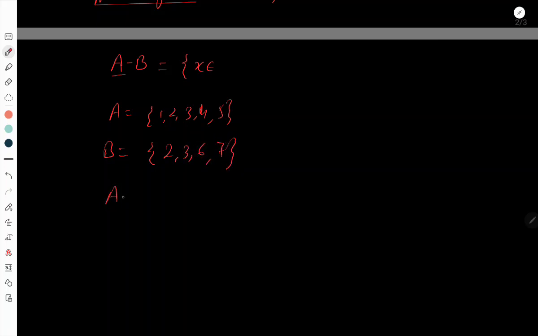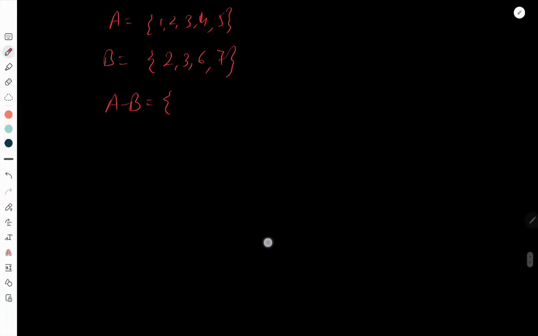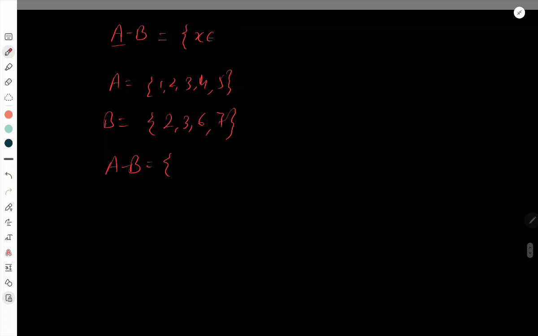So A minus B, what will I write? You are just subtracting the elements of B from A, so whatever the remaining elements are, that is the answer.